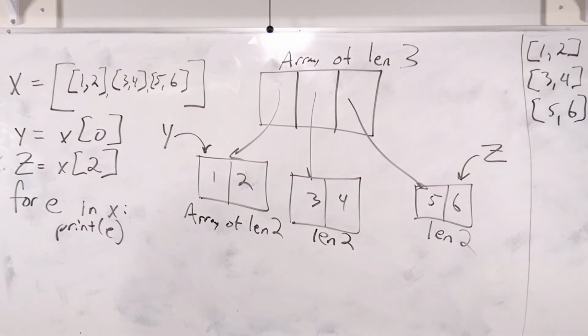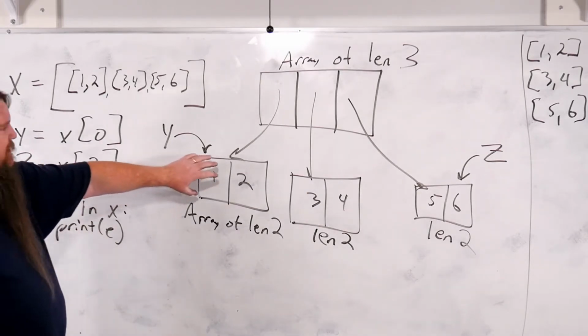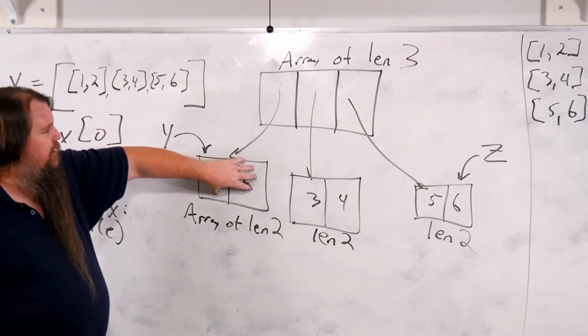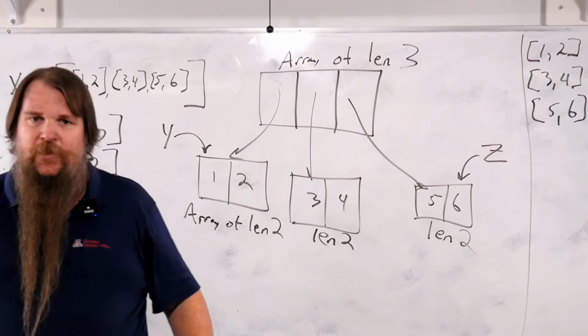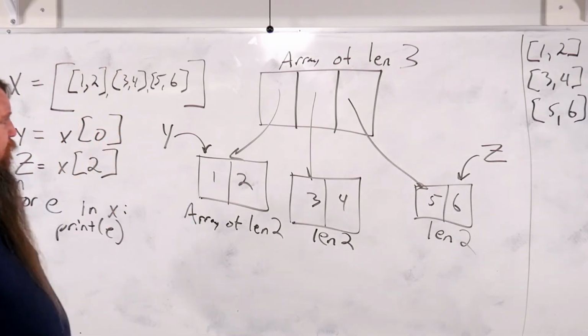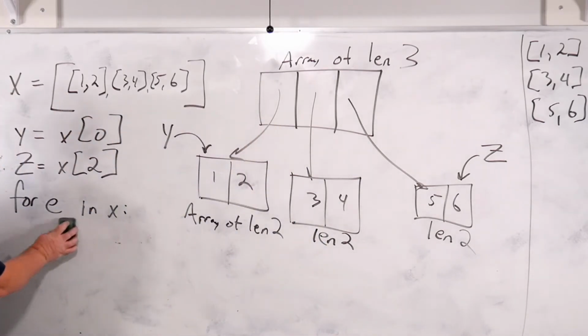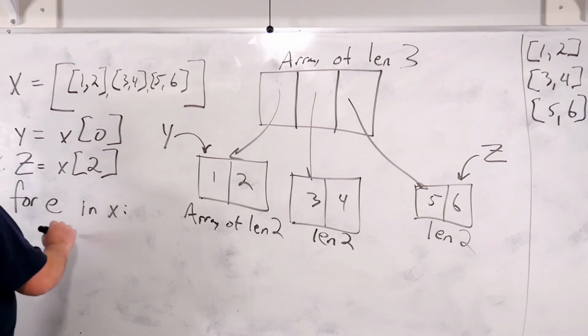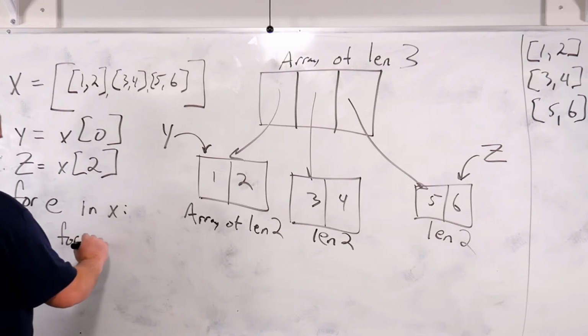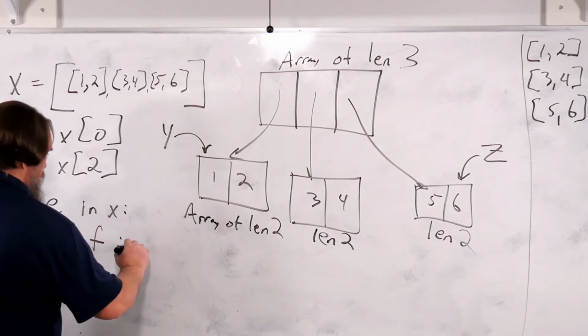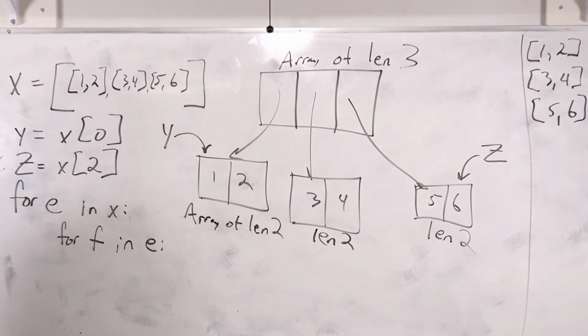All right. Are there other things we can do? Well, because each of these literal arrays is just an element inside here, we could iterate through them as well. Let's change this print statement. Instead of printing E, let's do for F in E. This loop iterates through X, the big outer array.